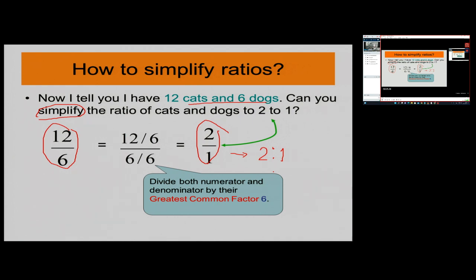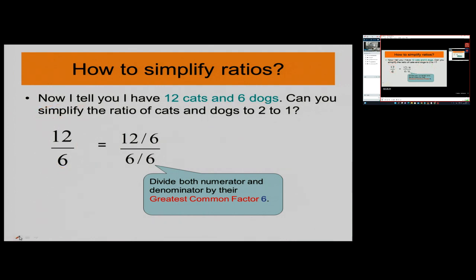We're not dividing the number, we are simplifying the ratio of a given number. So that's why you will have here 2 is to 1 or 2 over 1, because again, this is a ratio. You need to get the value of the numerator and the denominator.